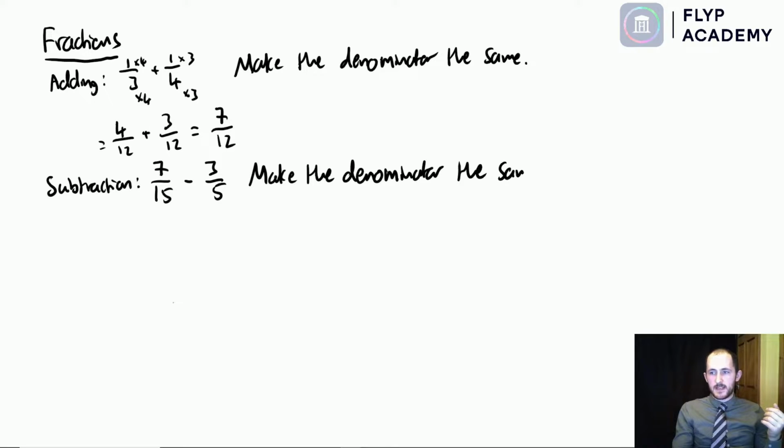This is vitally important, okay? So what's the smallest or lowest common multiple of 15 and 5? Well, it's 15. So I don't need to touch the first fraction, but I can times the second one by 3 in order to get my answer. So that would be 7 over 15 minus 3 times 3 is 9, 5 times 3 is 15, so 7 minus 9 would give me negative 2 over 15, and that's it.